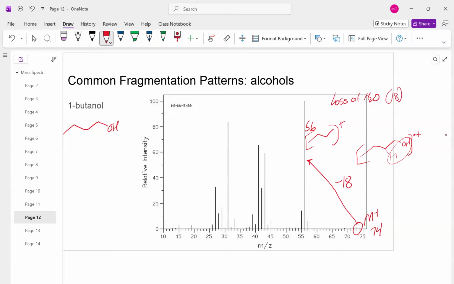Now, another common type of fragmentation, like ketones and aldehydes, is alpha cleavage.